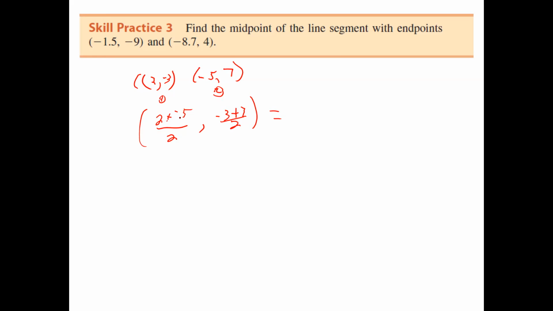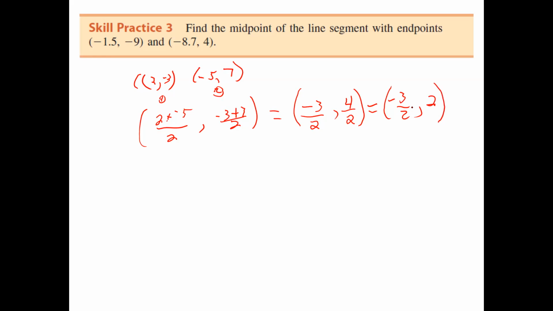So we simplify this further. 2 minus 5 gives me -3 over 2. And -3 plus 7 gives me 4 over 2, which simplifies to -3 halves and the whole number 2.